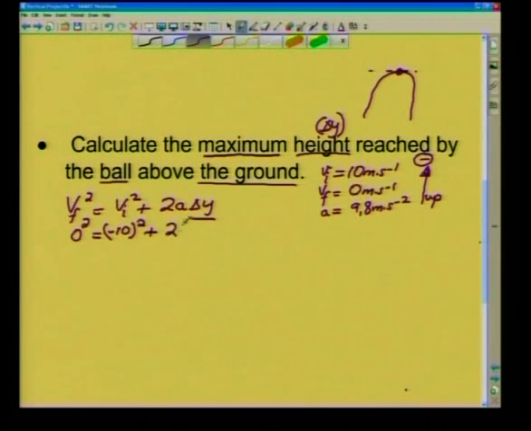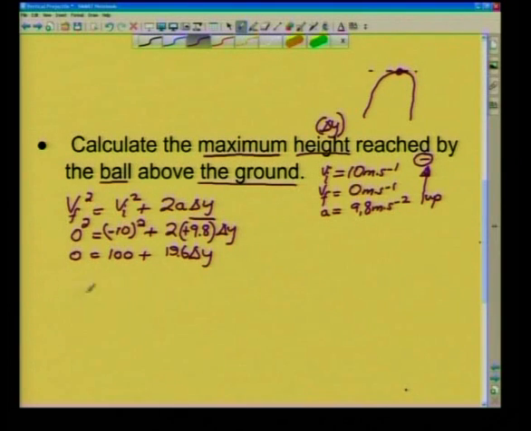Plus 2. Acceleration is going downwards, and because acceleration is going downwards, downwards is positive. So this will be 2 times positive 9.8 meters per second squared times the change in vertical displacement. So this is going to be 0 equals 100 plus, 2 times 9.8 is 19.6, so 19.6 delta y.